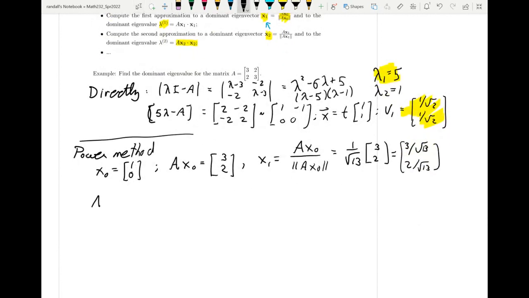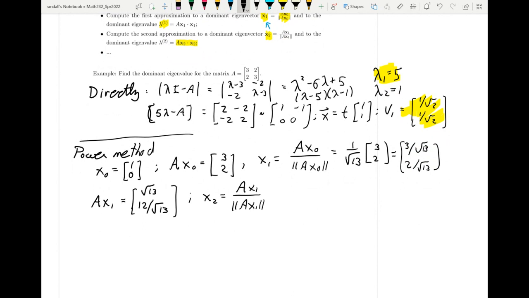Now to get x2, we compute Ax1. Ax1 you can check is going to be, the first component, the square root of 13, and the second component is going to be 12 divided by square root of 13. So there's my Ax1. Now to get my x2, it's Ax1 divided by the norm of Ax1.